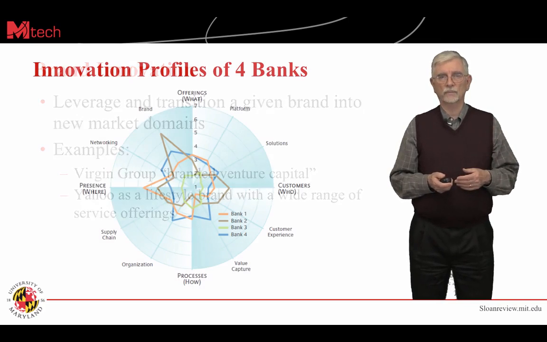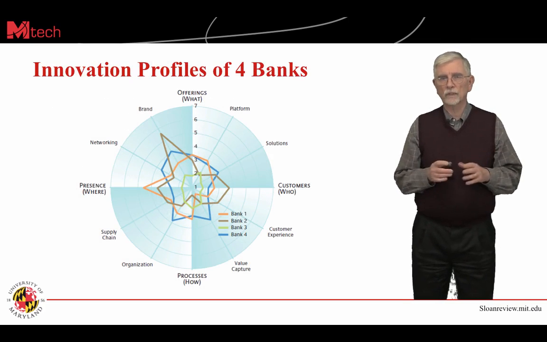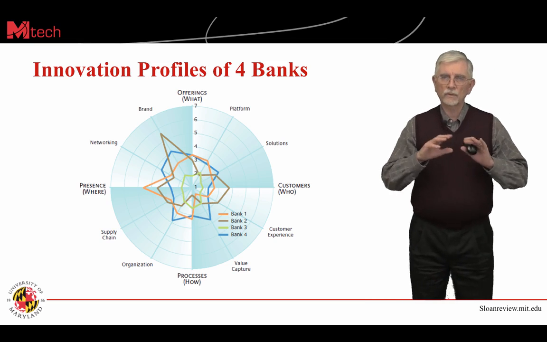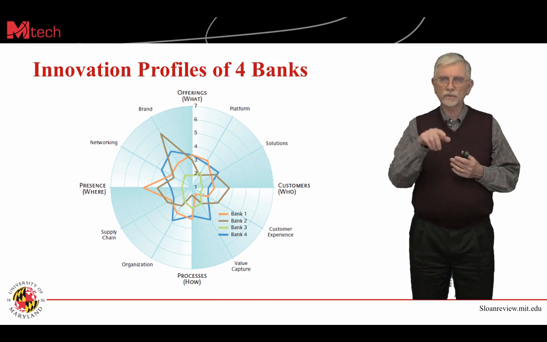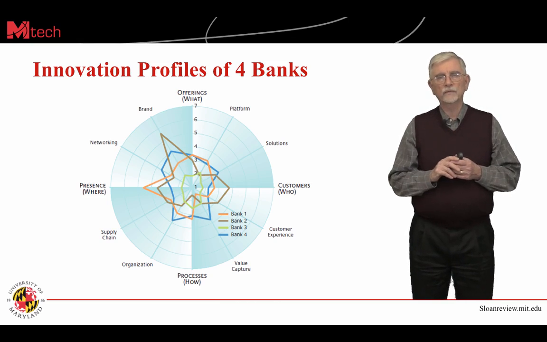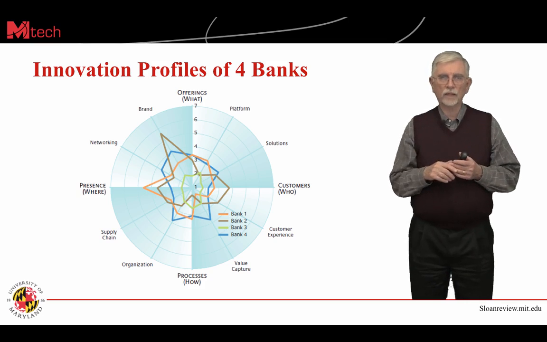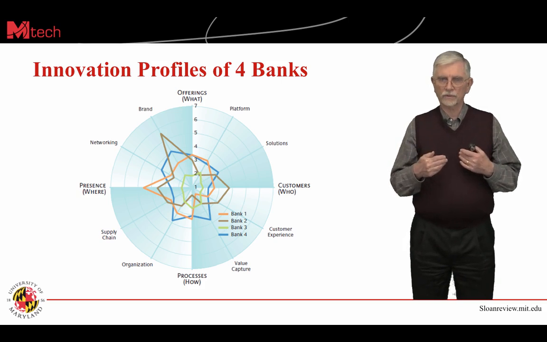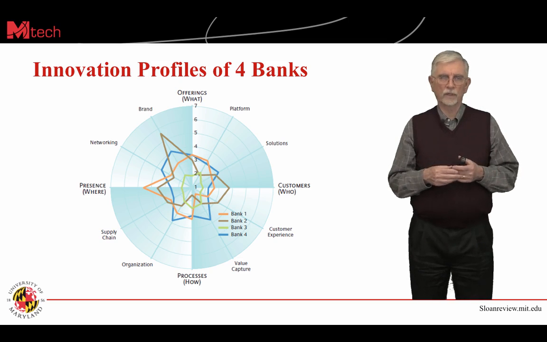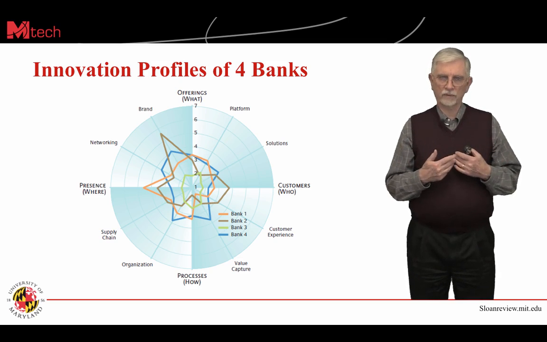So now, in this diagram, you recall the radar plot that we had in the beginning, and you see on the outside of this radar plot is each of the 12 different ways to innovate in a firm. And so the authors in their research looked at 4 different banks and compared them.